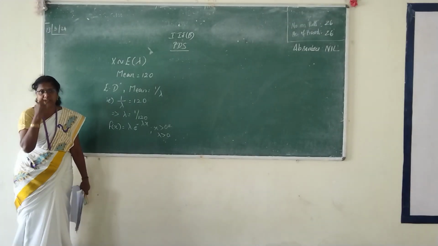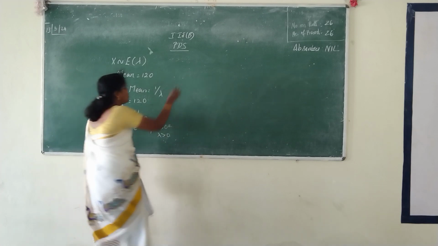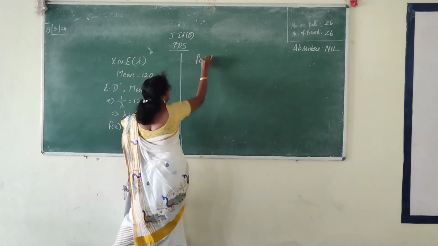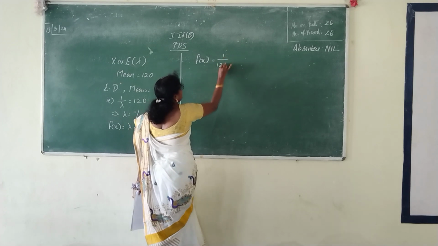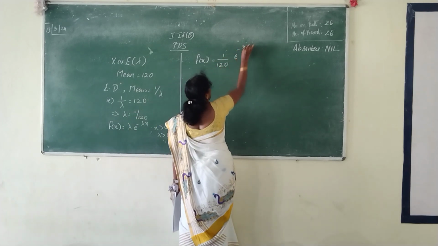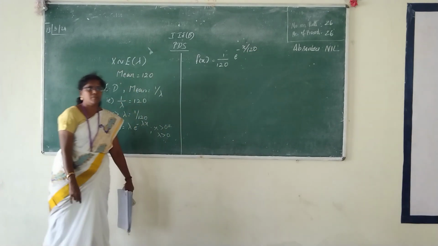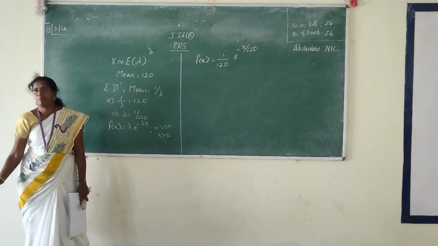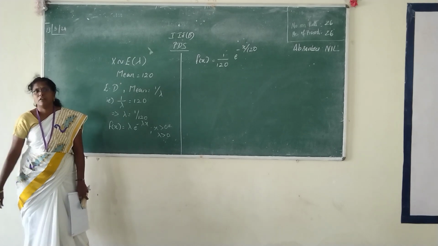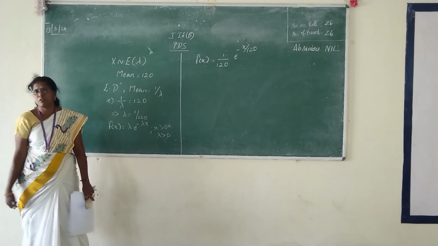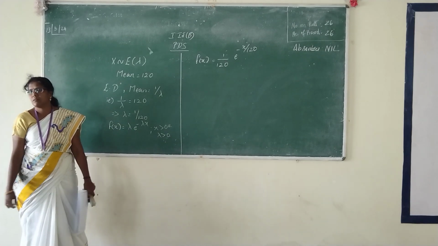Substitute lambda and write for this problem. So for this problem, f of x will be equal to 1 by 120 e power minus x by 120, lambda equal to 1 by 120. If you convert 1 by 120 to decimal, continue with your problem. That is your choice as usual.